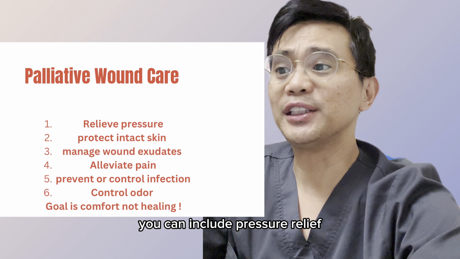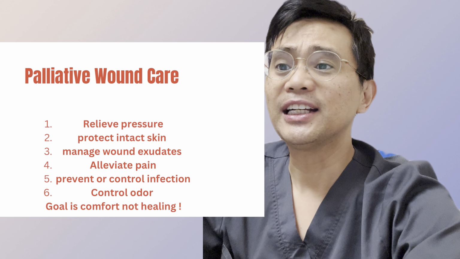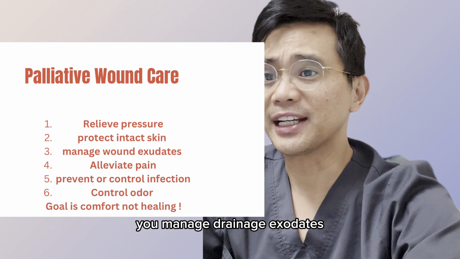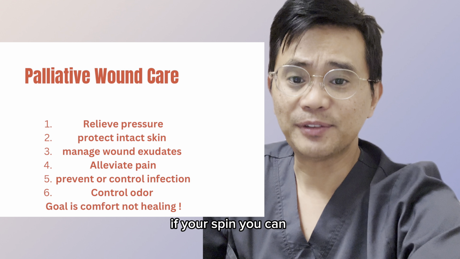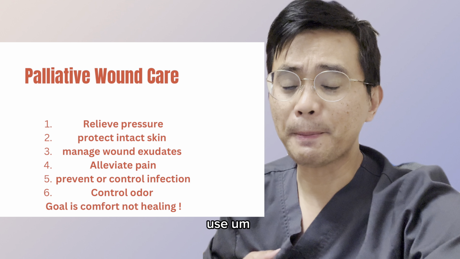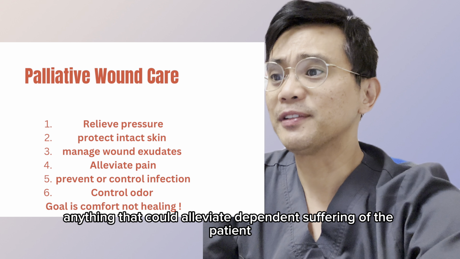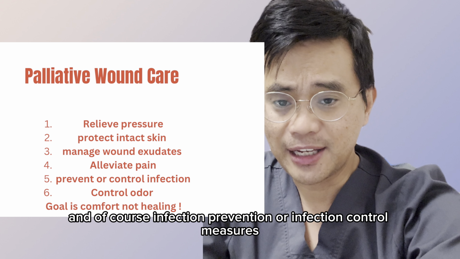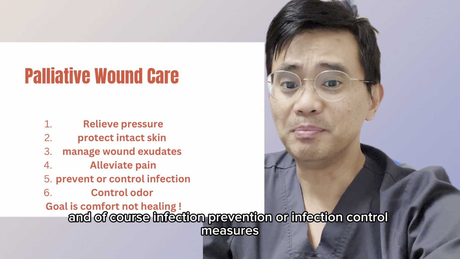You can include pressure relief and protection of the intact skin. You manage drainage or exudates. If there is an odor, you have to manage the odor. If there's pain, you can use anything that could alleviate the pain and suffering of the patient, and of course infection prevention or infection control measures.